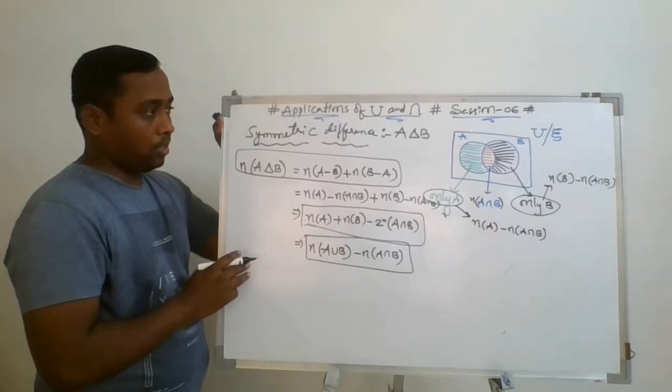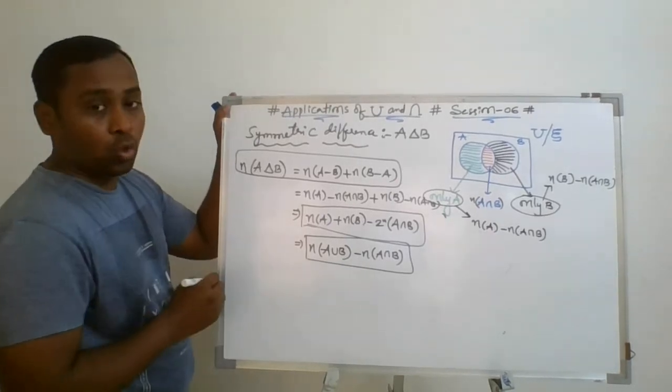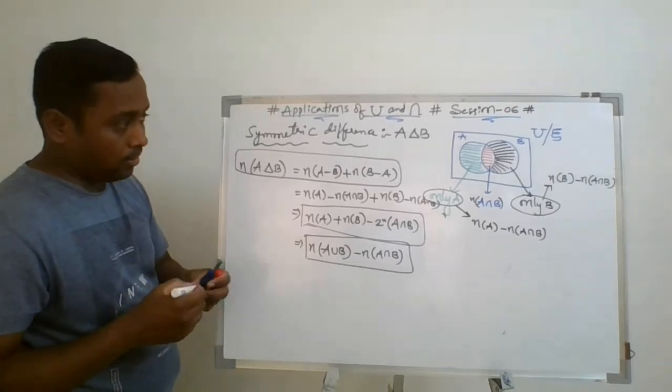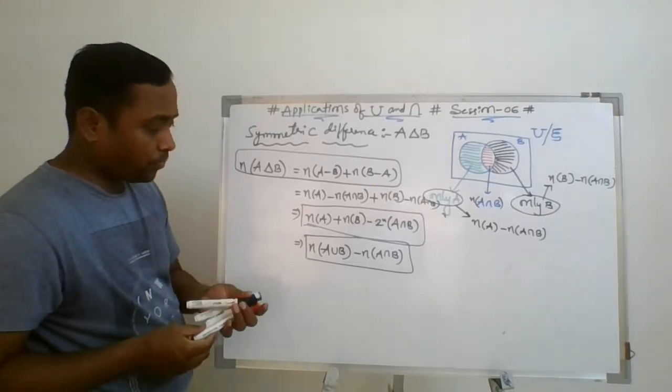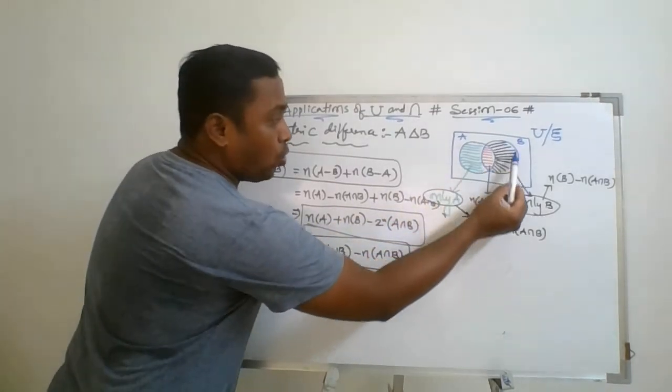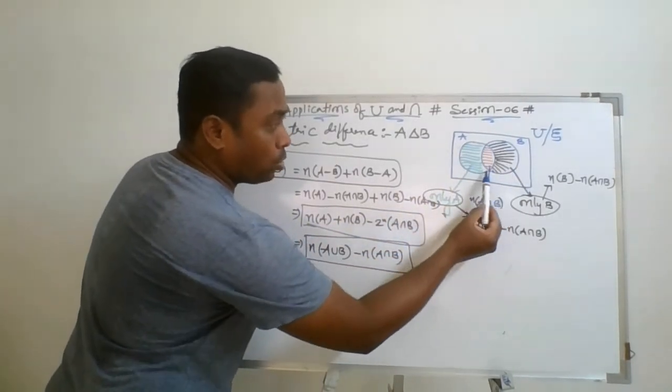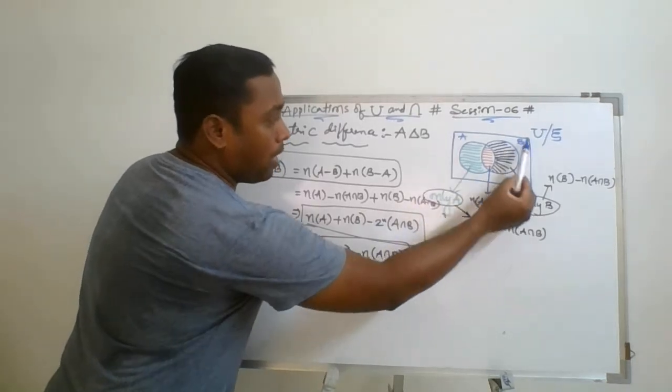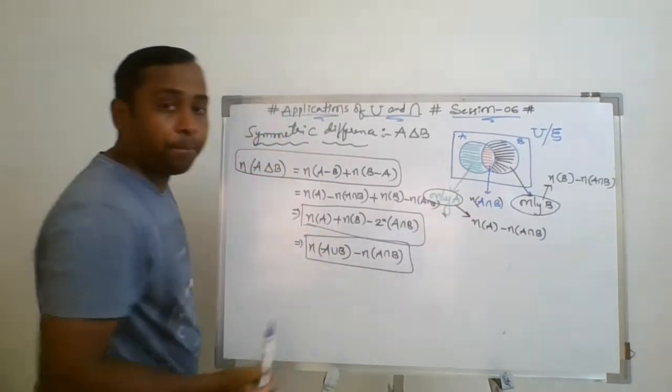Last but not least, the important note regarding this, आप एक बार सोचना इस पार्ट को, what I am speaking here. A union B जो होगा यानी कि this shaded portion is always a part of universal set only.